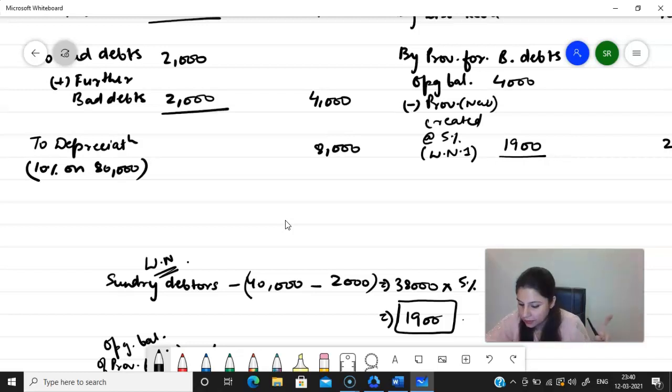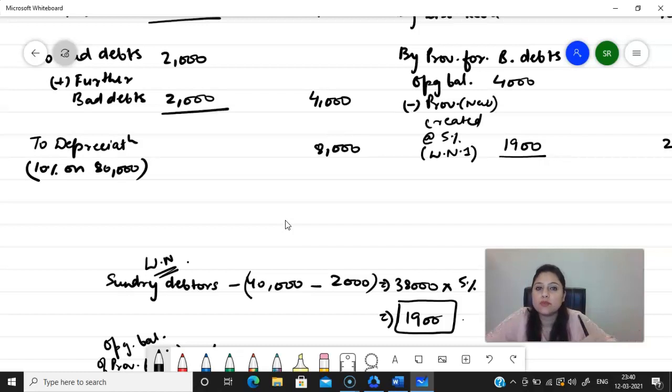Right, so this is the 10% on a per annum basis. This particular depreciation can be modified also. They can give in the question that plant and machinery was acquired in this particular year, and you would have to then calculate proportionate depreciation as the machinery was purchased during the year.